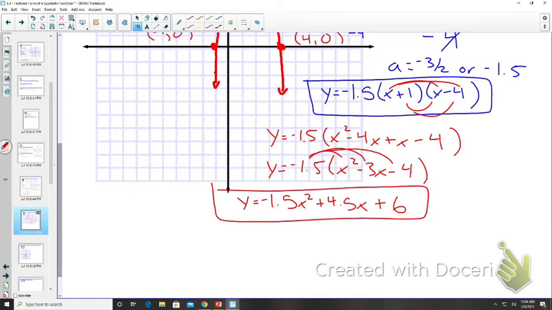Wait, did you say 1.5 squared is 4.5? No, sorry. Negative 1.5 multiplied by negative 4 is positive 6. So this is in standard form. And up here, factored form.